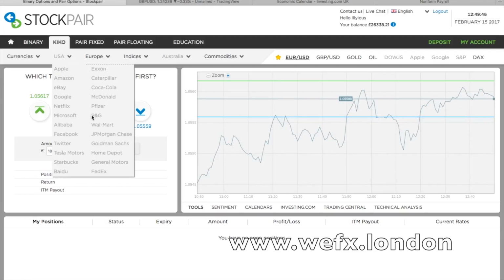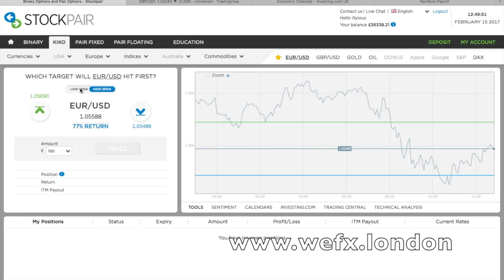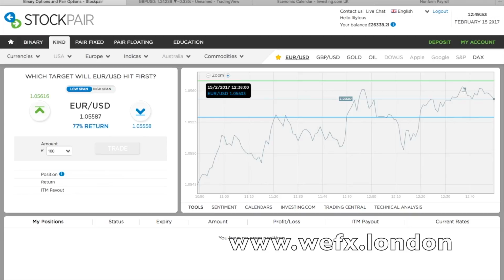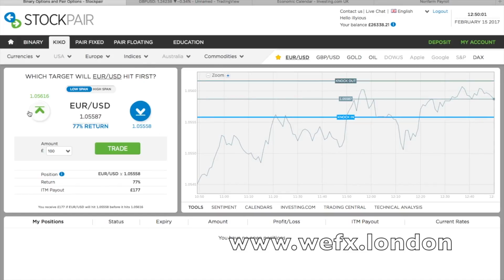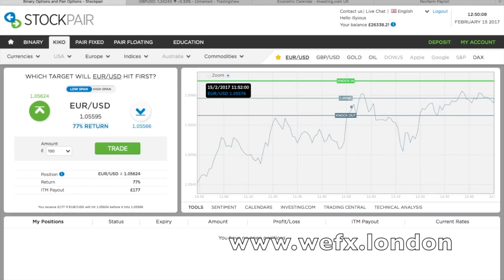So, for instance, all you have to do, if you're picking low span or high span, is essentially say that the euro will either knock out this blue line first, so it will go down, or will it go up? Now, the euro could just stay in between those two lines for maybe even a day. It won't, that's not possible because the euro moves too much. But, for instance, it could.